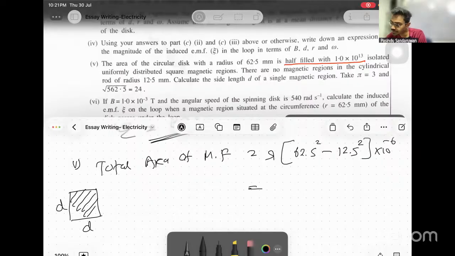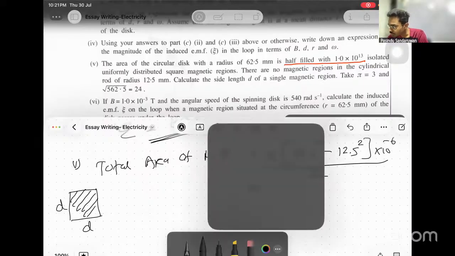And another important data was given, that it is half filled. Then this area is not this, it is over 2. That is important: only half of this area.